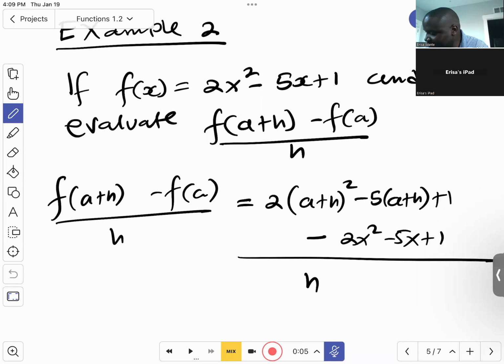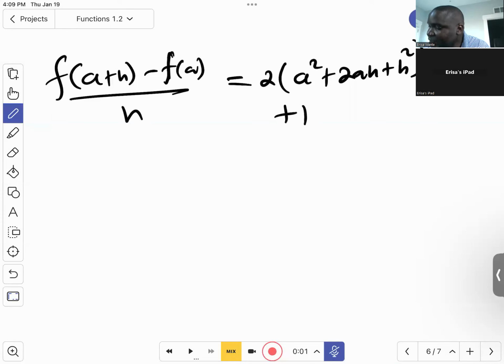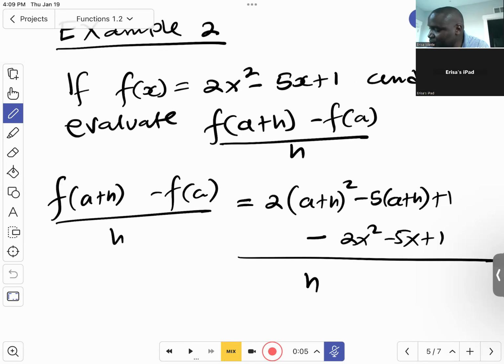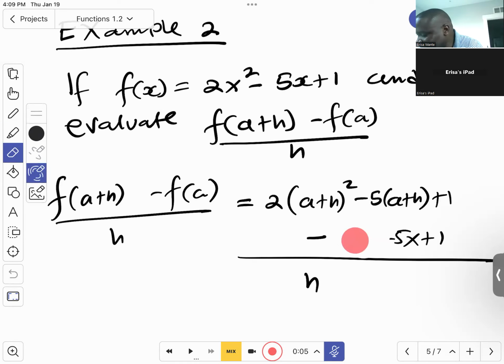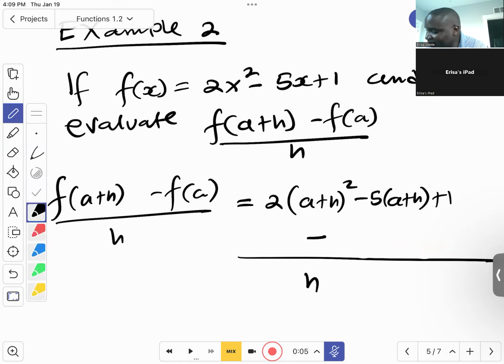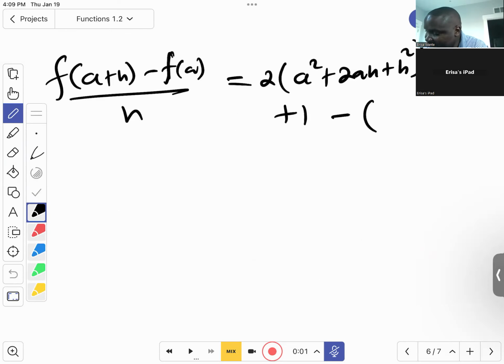And then you add a 1 before going to the other part, plus 1. Then minus the function f of a, which is 2a squared, sorry, I used the x here, but I'm supposed to use a and h. So it is 2a squared minus 5a plus 1. So this is what we are subtracting: minus 2a squared minus 5a plus 1.